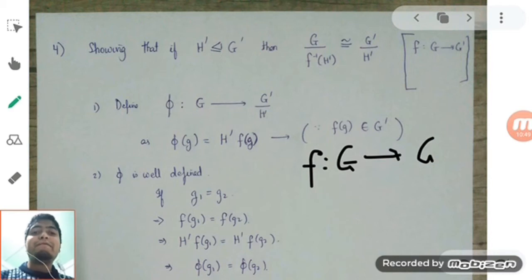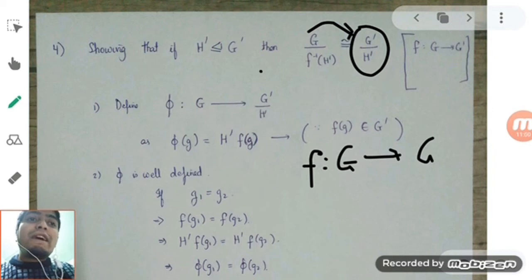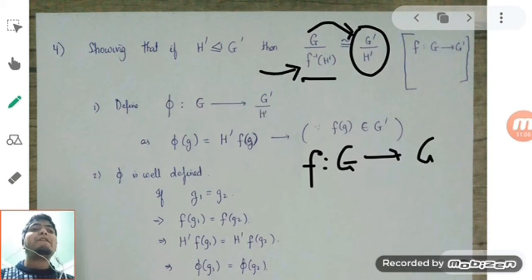If we have to use the fundamental theorem of group homomorphism, we will define a function from G to G dash by H dash, and then we will show that the kernel of the homomorphism will be the pre-image of H dash. So this is how we will define phi.